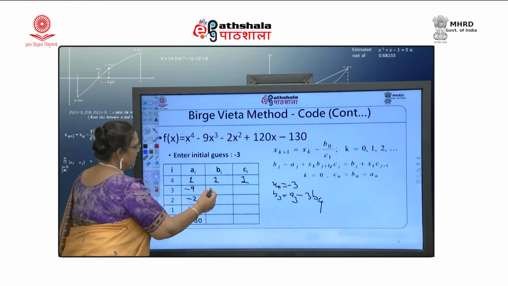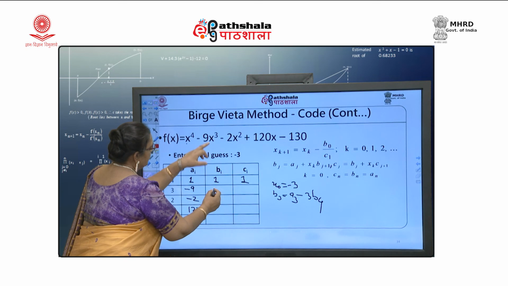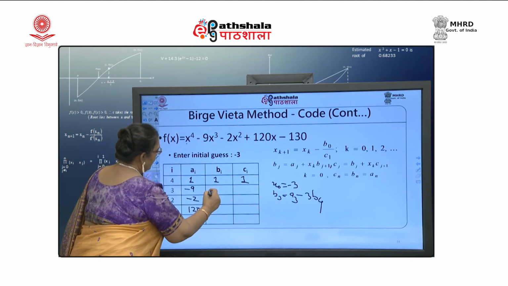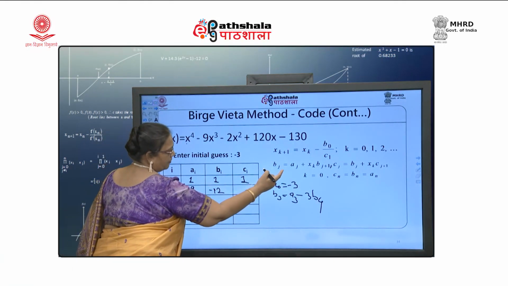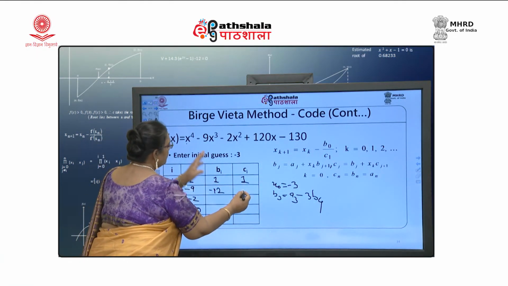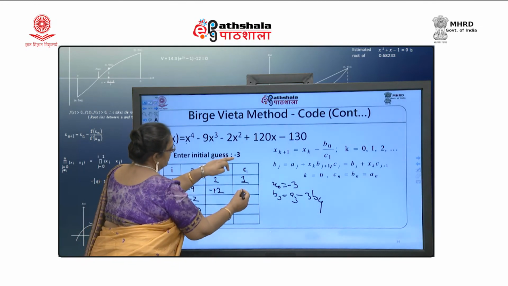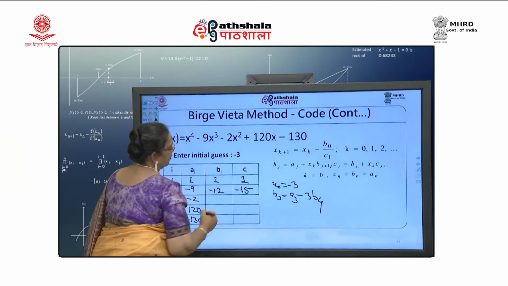To calculate b3, it is given by a3 plus minus 3 into b4, so minus 9 minus 3 gives the value minus 12. Similarly, the same formula is for c also. Your c3 will be, looking at the previous column, minus 12 plus minus 3 into c4. So, minus 12 minus 3, I get c3 as minus 15.